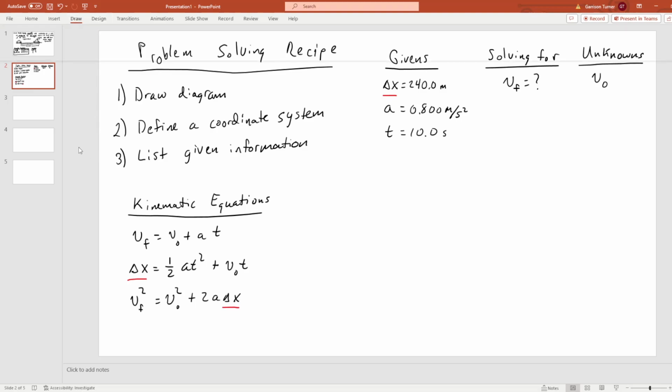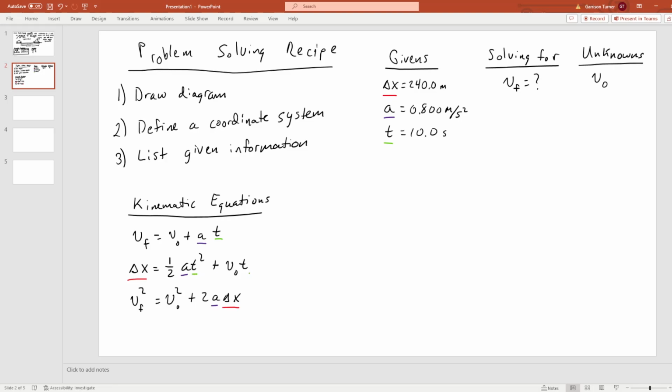We're also told that we have acceleration. And so everywhere that there's an acceleration, I'm going to underline it purple. And then everywhere that there is time, I'm going to underline that green.